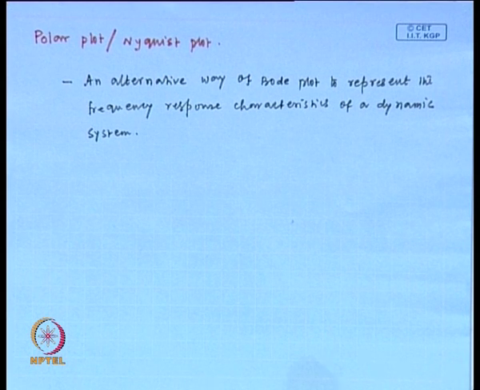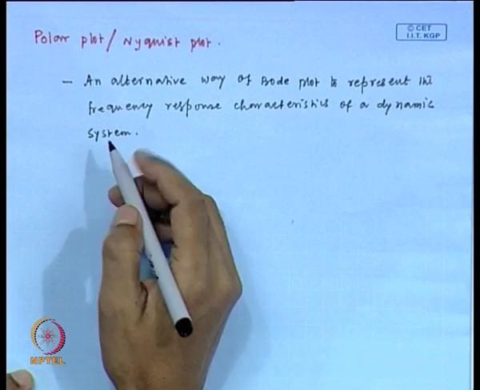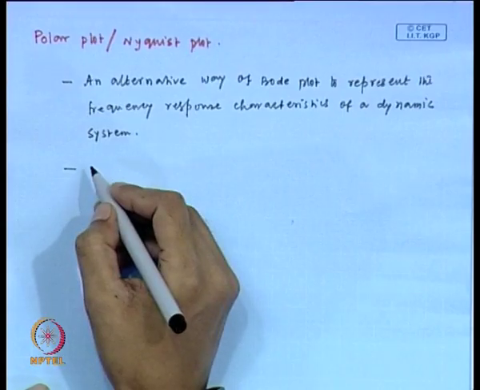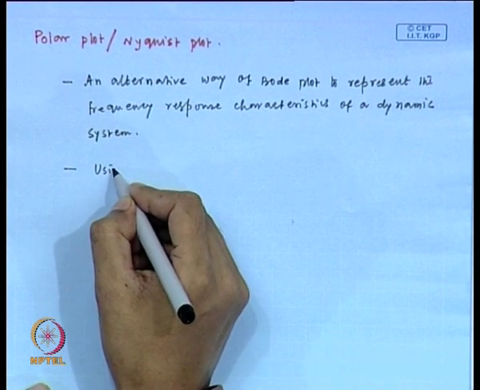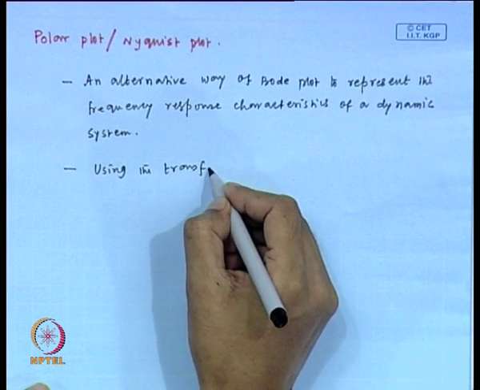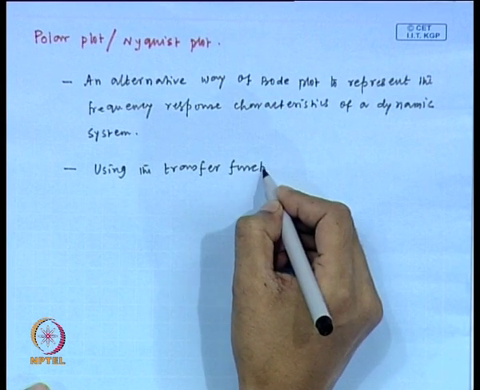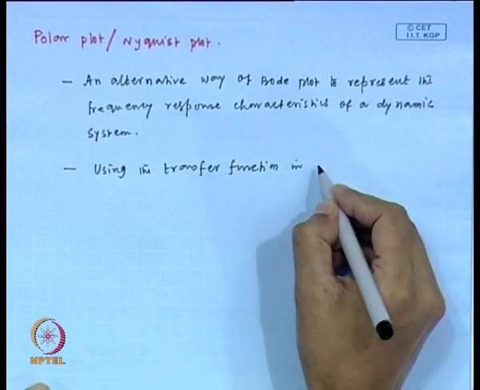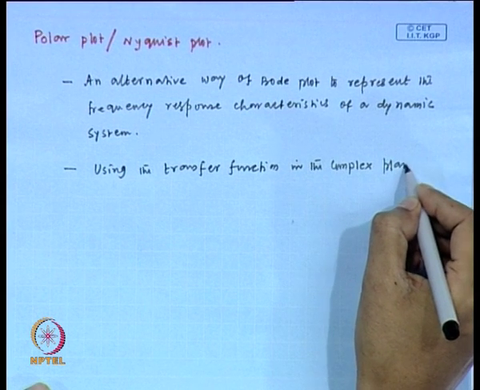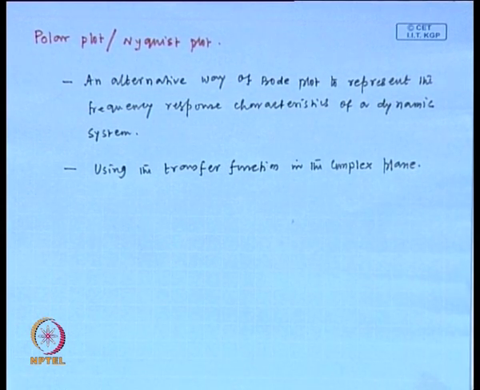So, this is basically the alternative to Bode plot, and this can be used for stability analysis later. This plot is constructed using the transfer function in the complex plane. Fine.